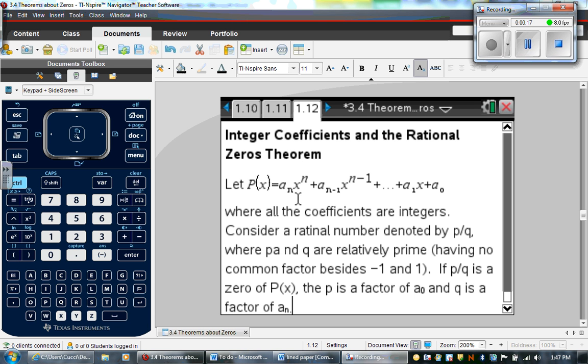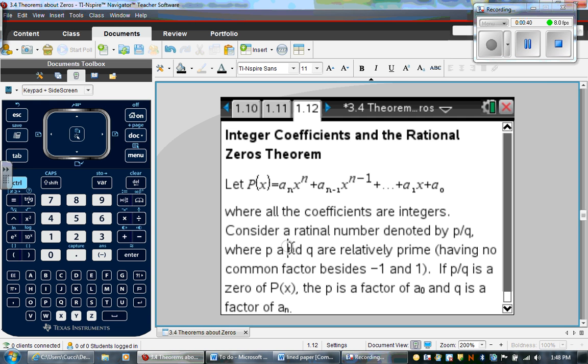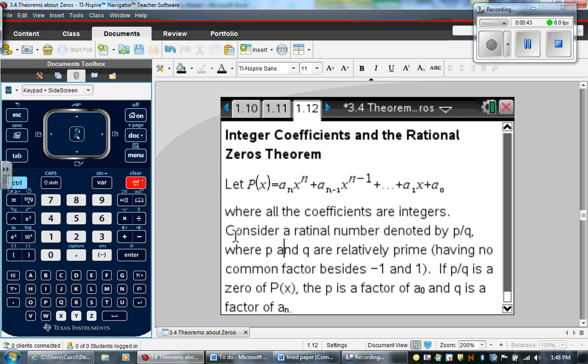Okay, so what we're going to talk about now is integer coefficients and the rational zero theorem. So let's say you have some polynomial. That's what this is. This is just a polynomial where all the coefficients are integers. We're going to consider a rational number denoted by p divided by q, where p and q are relatively prime, meaning they have no common factors besides negative 1 and 1.